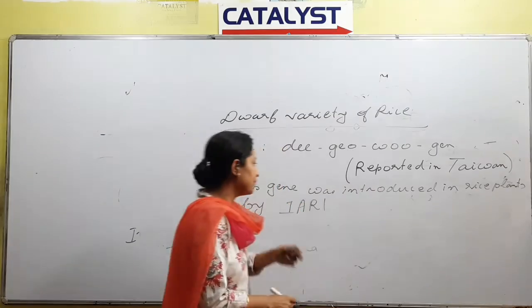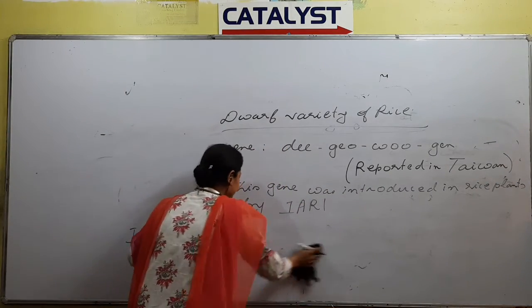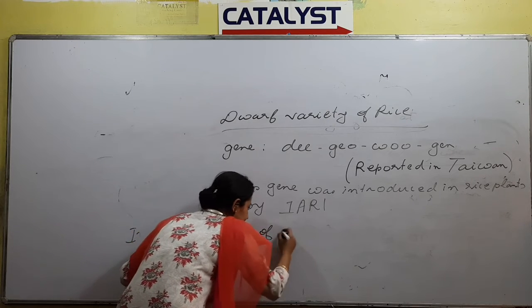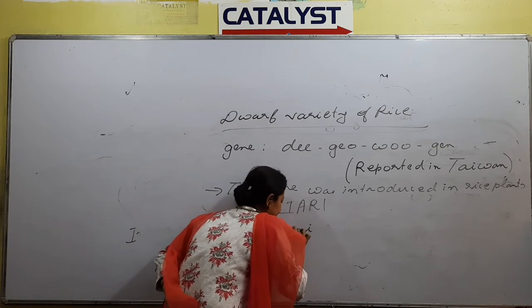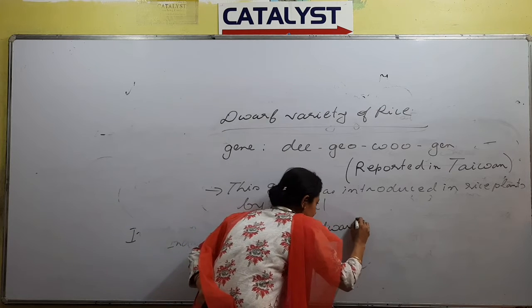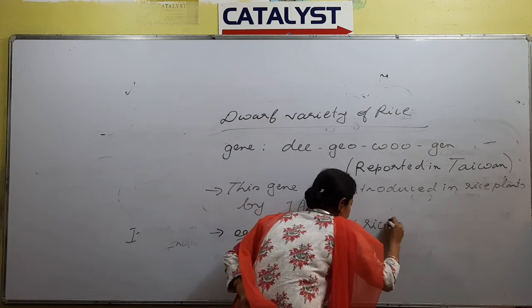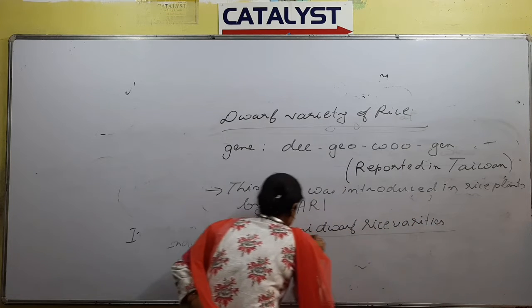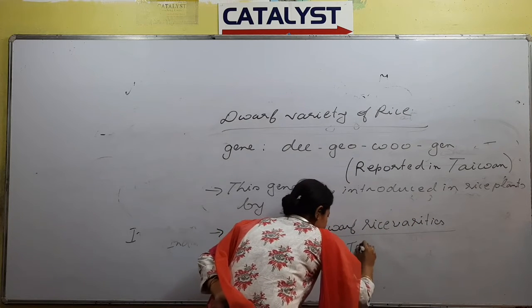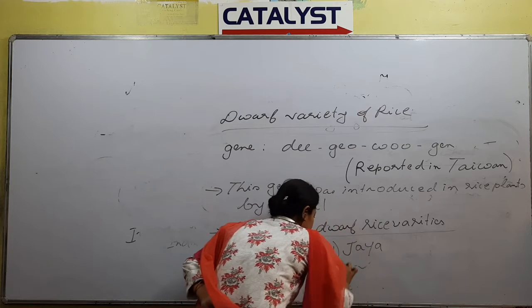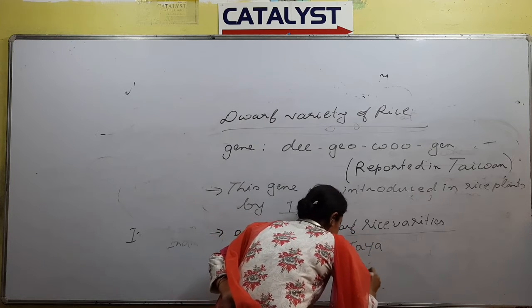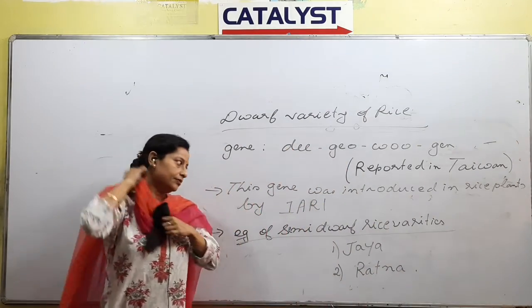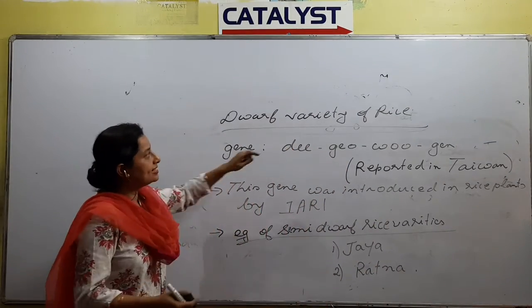Examples of semi-dwarf varieties of rice are Jaya and Ratna. Right? So this is the information about wheat and rice.